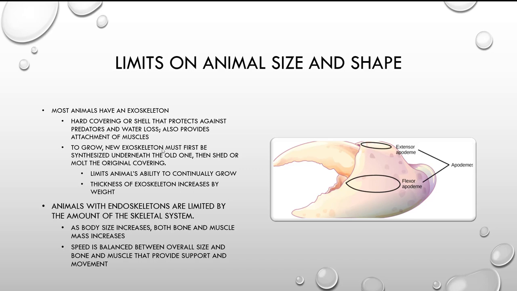But because of this process, there are some downfalls. The exoskeleton that's being synthesized underneath is still soft at the time. So when it sheds its exterior exoskeleton, it can be more vulnerable to predation. It also limits the ability of the animal to continuously grow.